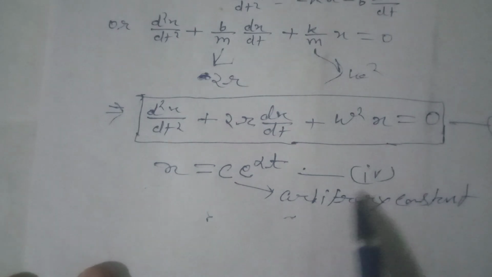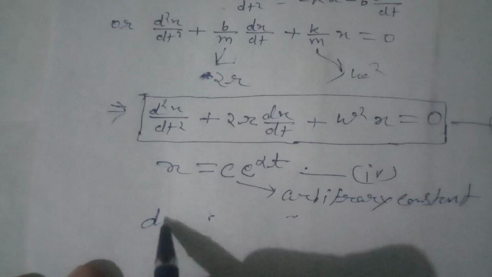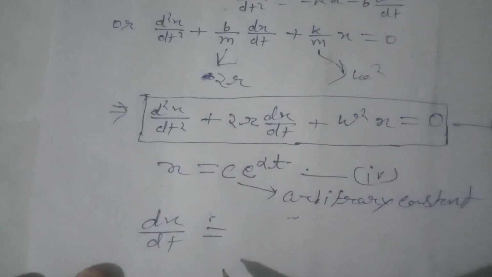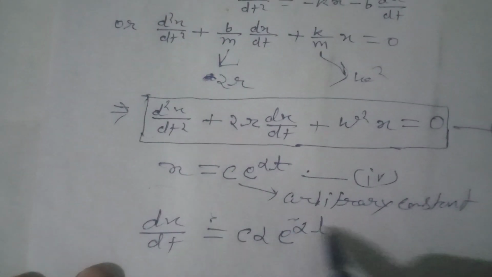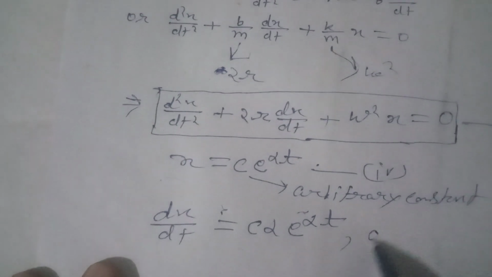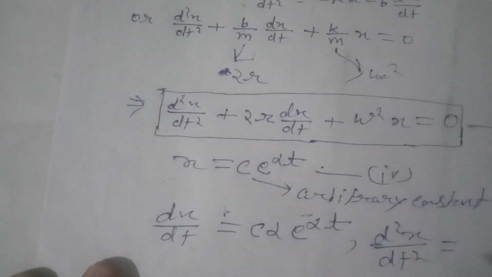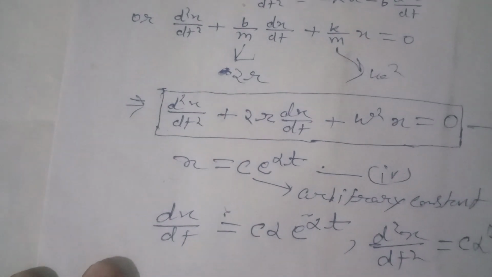Differentiating it, we get dx by dt equals c into alpha into e to the power alpha t, and again differentiating, d2x by dt square will be equal to c into alpha square e to the power alpha t.